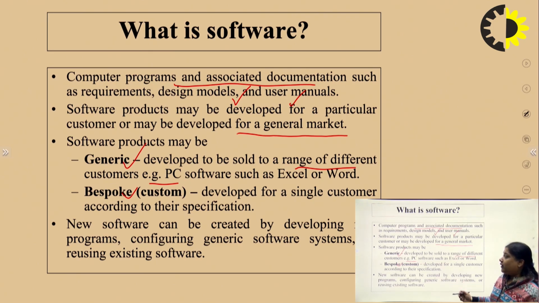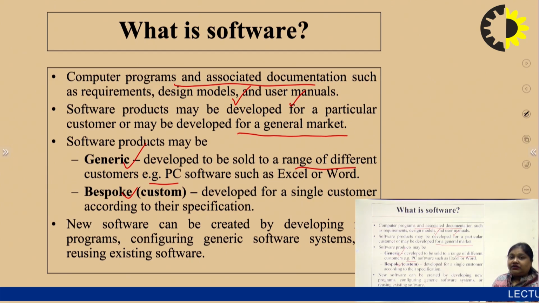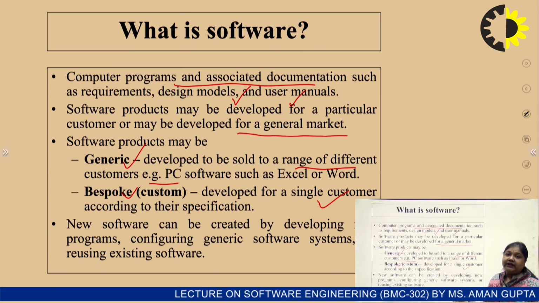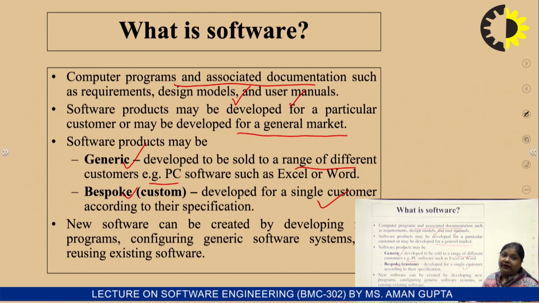And bespoke means customized software that has been changed according to the need of the user or the client. These softwares are developed for a single customer according to their specification, according to what they need and want the particular software to do.